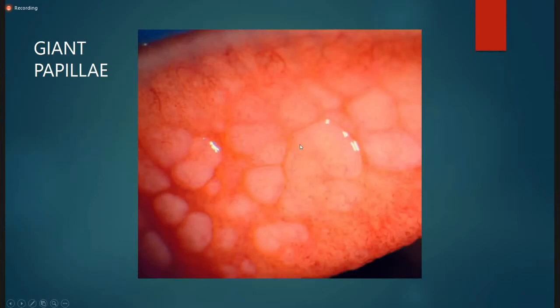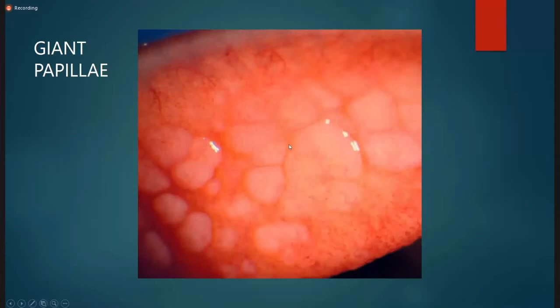These are giant papillae which are present in allergic conjunctivitis. This is the everted portion of the upper lid, and you are seeing these look pale, but these are actually not pale. You can see small vessels because they are enlarged.